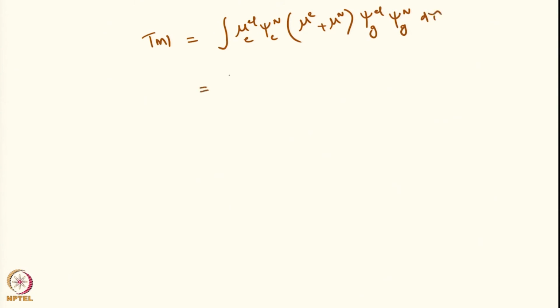Now, what we do is mu n goes to 0 and this is the Condon approximation.